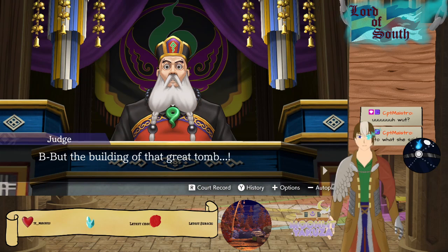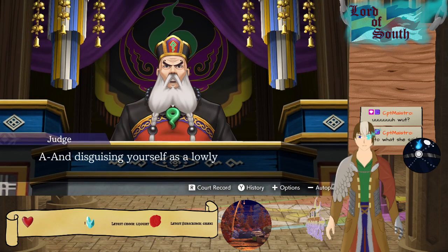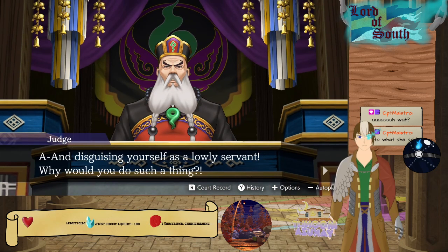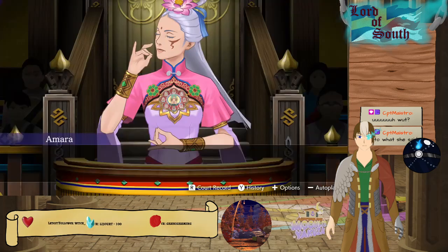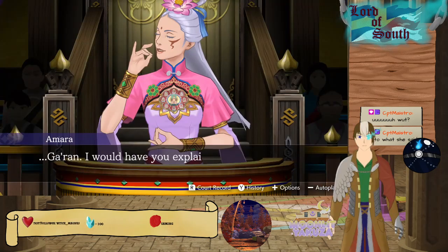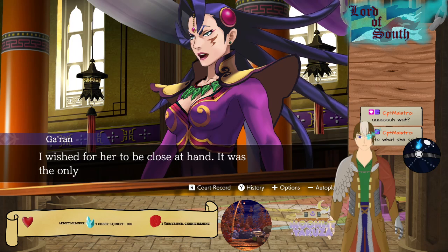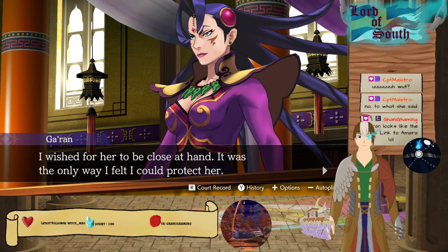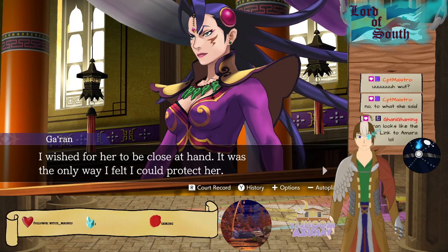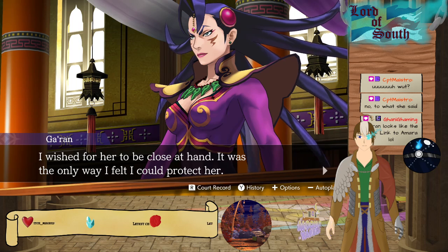But the building of the Great Tomb? And disguising yourself as a lowly servant. Why would you do such a thing? Garan, I would have you explain. I wished for her to be close at hand. It was the only way I felt I could protect her.